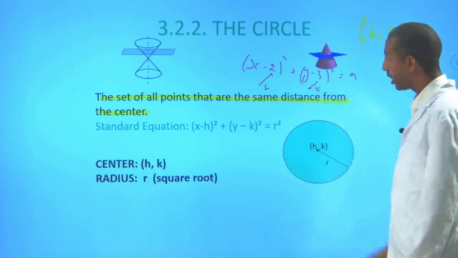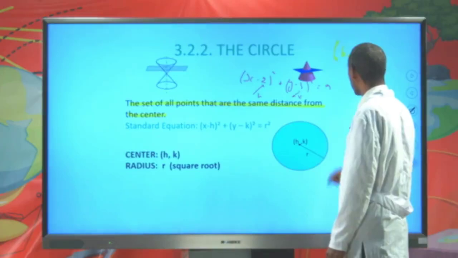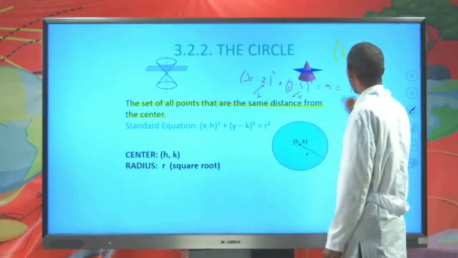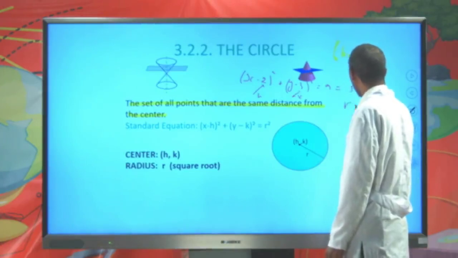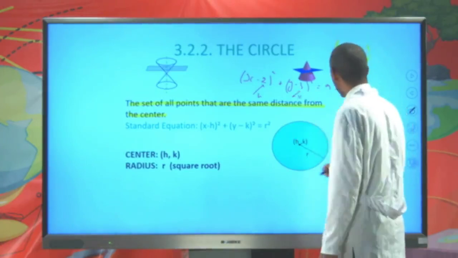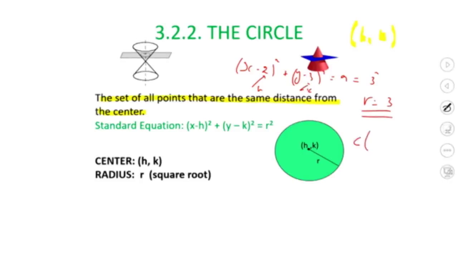And r is the square root. So 9 may be rewritten as 3 squared. So the radius is going to be 3. So the circle has the center (2, 3) and the radius 3.